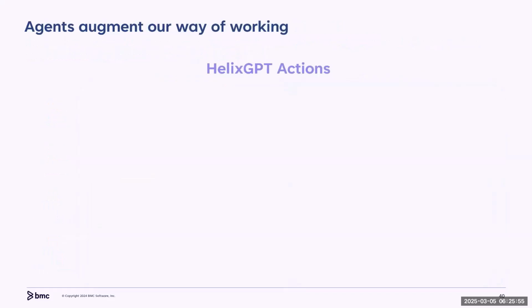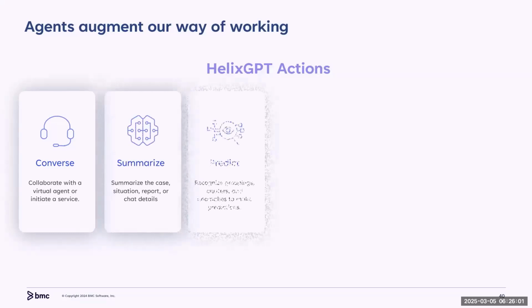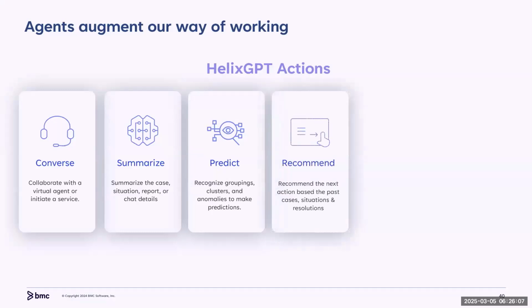So at BMC, we have come up with a number of actions in our products. Certain actions are about conversing with a virtual agent so that you can get services from an agent. Certain actions are focused on summarizing. This could be an incident, a knowledge article, a report, and so on.